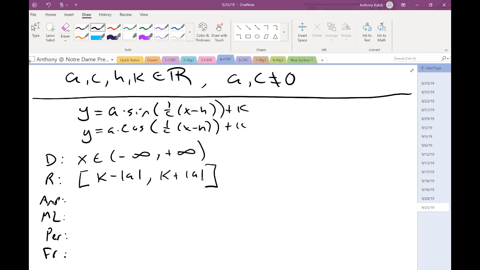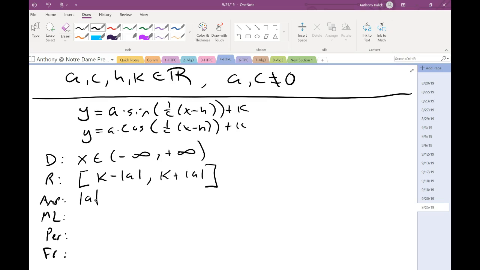Amplitude. Will amplitude change? Yes. What's going to change it? Not the horizontal stretch. Vertical stretch. What controls our vertical stretch? A. Will the midline change? Yes.